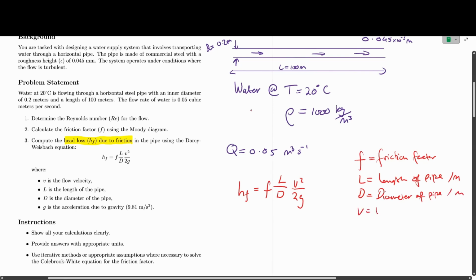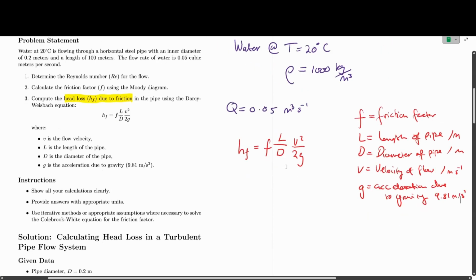V is the velocity of our flow. This is the longitudinal velocity along the length of the pipe, and that is in meters per second. And g is our acceleration due to gravity, taken as 9.81 meters per second squared.